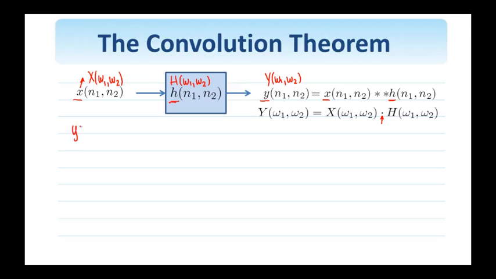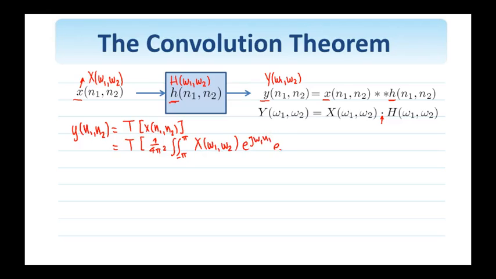So if I write the output of the system as the system T operating on the input signal x(n1, n2), I'll replace the signal by its inverse Fourier transform. So this is equal to this double integral of X(omega1, omega2) e^(j omega1 n1) e^(j omega2 n2) d omega1 d omega2.